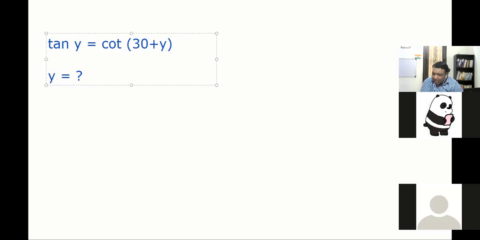How, Nikhil? How, Tanishka? So tan 10 equals cot 60, that's why. Asta says 30, Tanishka too. 30 only, sir. Correct. Or otherwise, you can also use tan of 90 plus theta, the same way. Good.